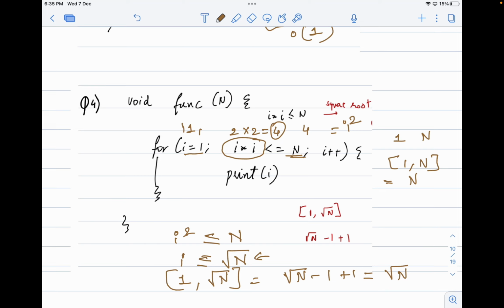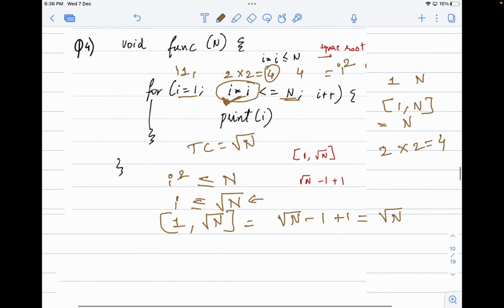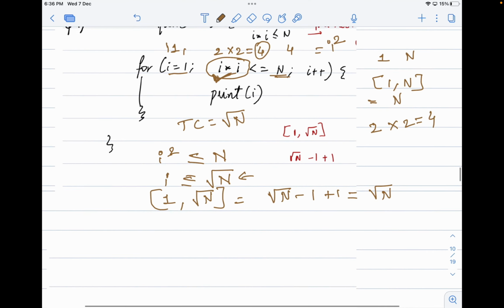So the time complexity of this is square root of n, because this is taking double, right? If you have I 2, it is making 4, right? As we have seen in our example of perfect square in the first video or second video. So TC of this is square root of n.